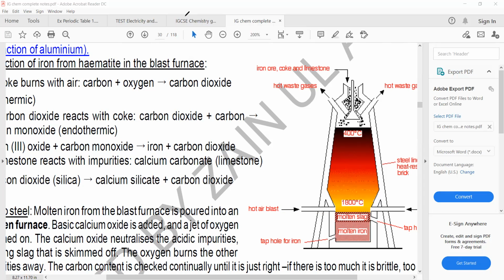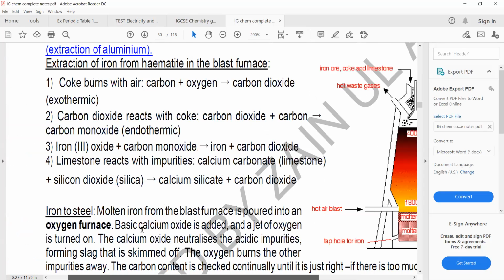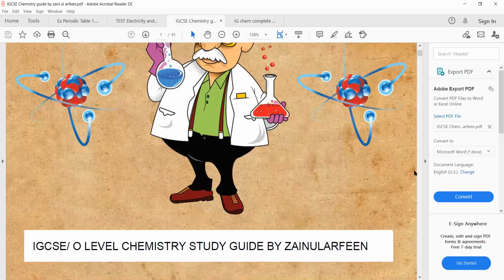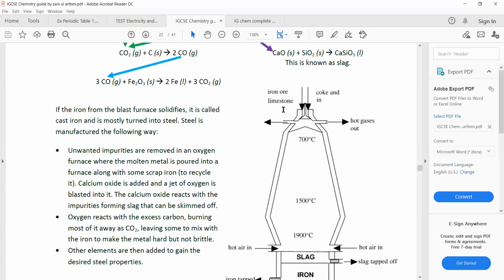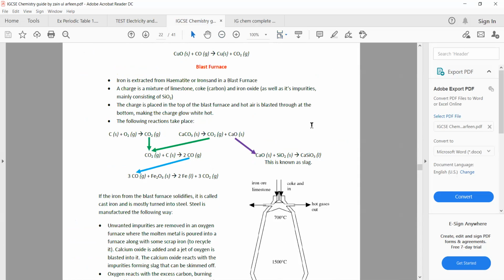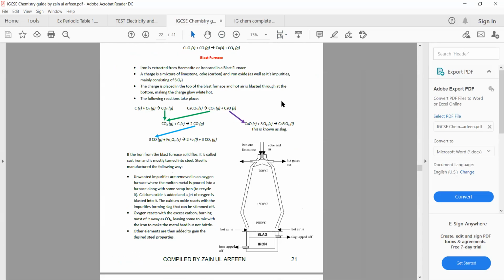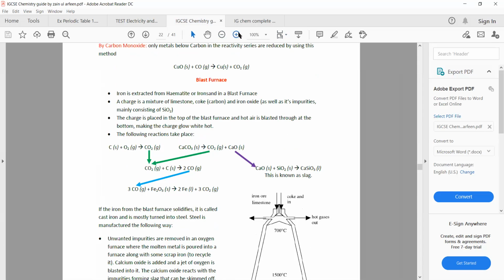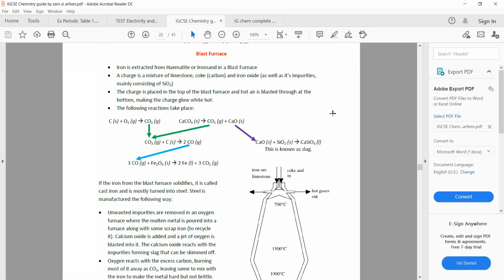And the impurity silicon oxide reacted with calcium oxide and it will form calcium silicate or slag. Is it clear? The whole process of a blast furnace.